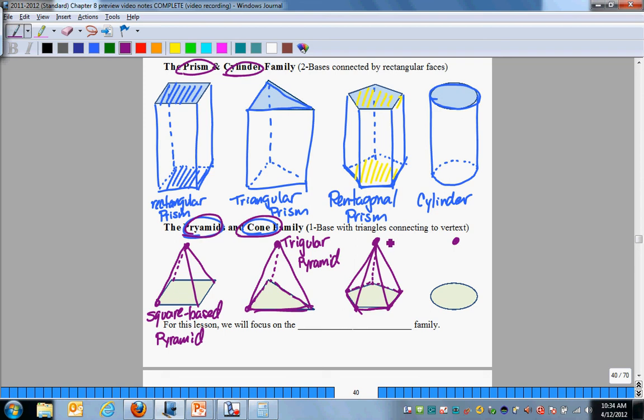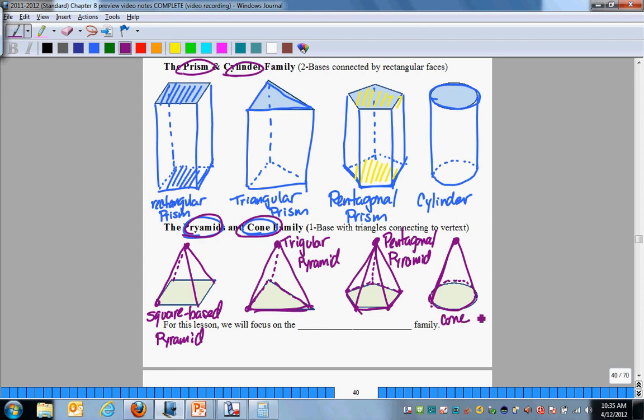And of course, that's a pentagon, so we'll call this a pentagonal pyramid. And of course, there is your cone coming to a vertex. Sweep the front, dot the back to show depth, and that would be a cone.